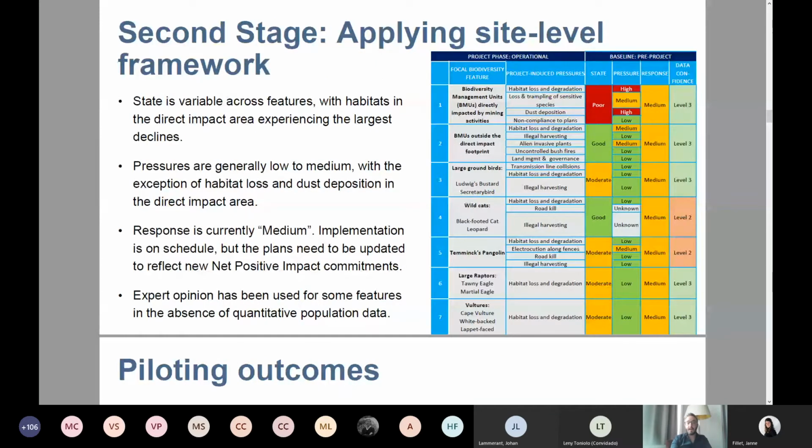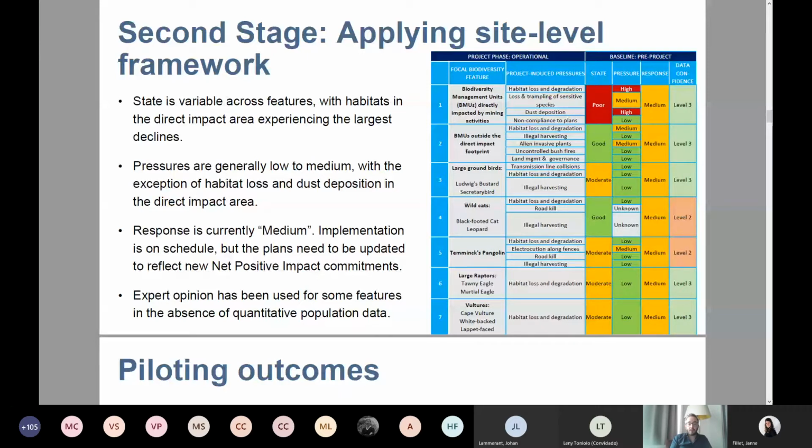And so this is the dashboard that was produced as a result of this. You can see that the traffic light system highlights the areas in which there is need for further attention. We can see here that state is variable across the features, with habitats in the direct impact area experiencing the largest declines and being in a poor state.